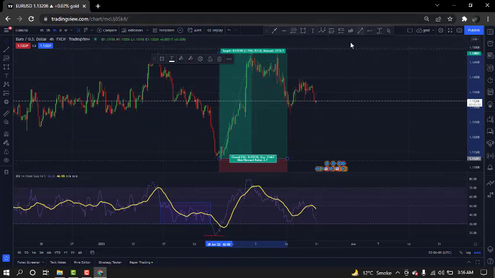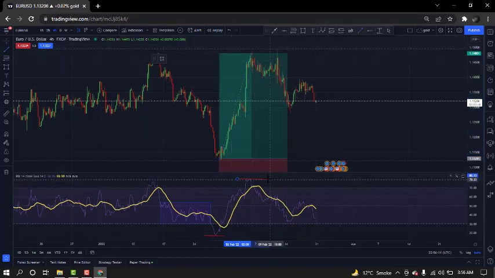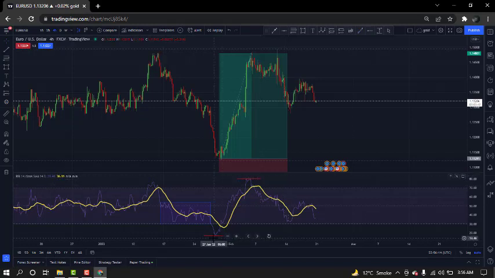Now see, this is the oversold market, this is the overbought market, this is the range market, this is the center level 50. If the market touches the line of 30 or crosses it, this is the oversold condition.